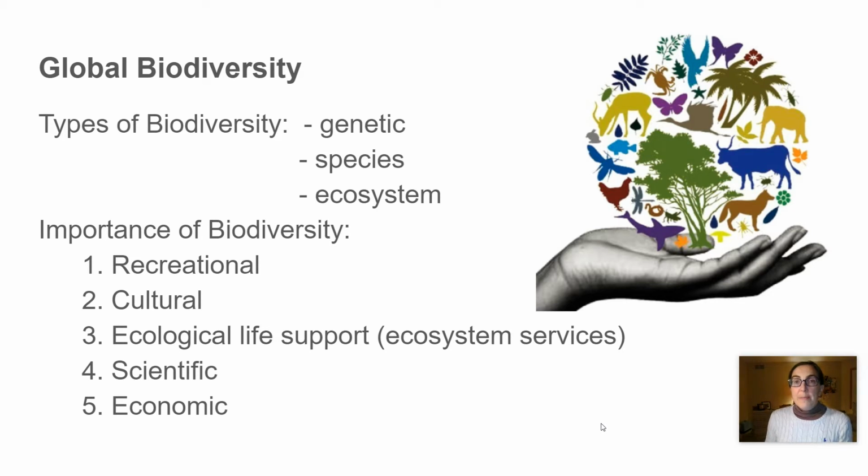So there are many, many values to having this diversity of living things within individual ecosystems and around the entire planet. And unfortunately, there are a lot of human activities, things that we do either intentionally or unintentionally, that are detrimental to the biodiversity that we have on the planet.